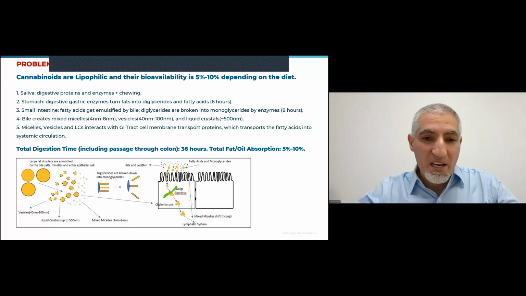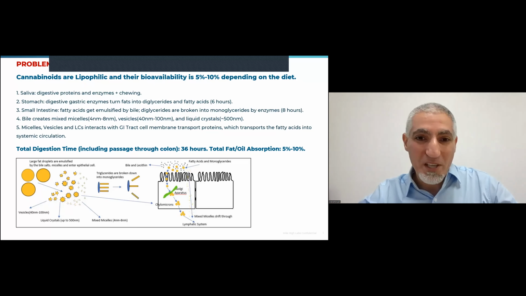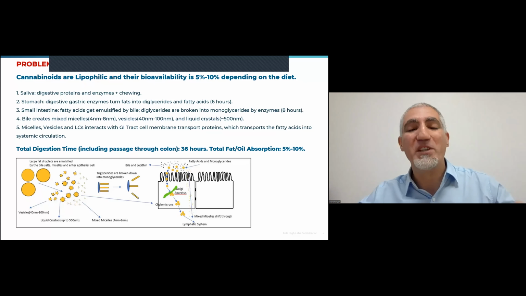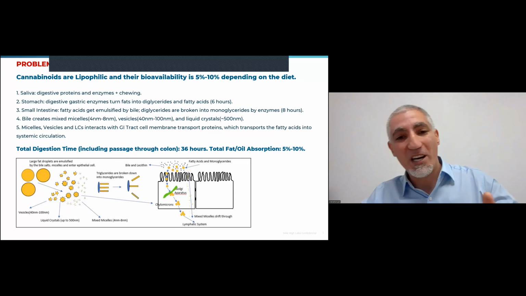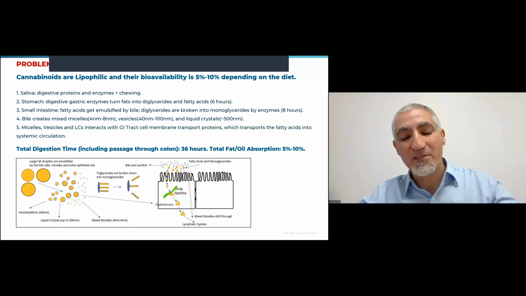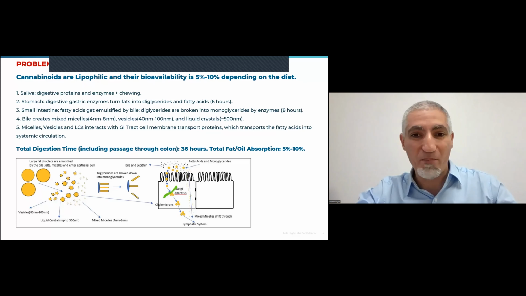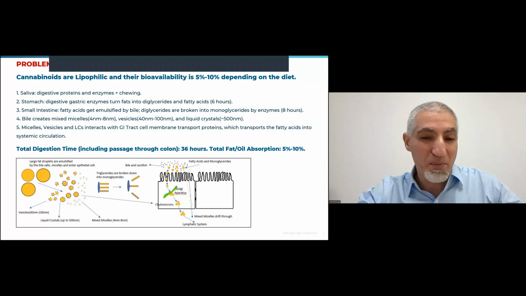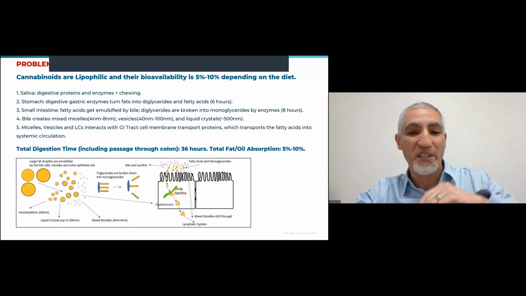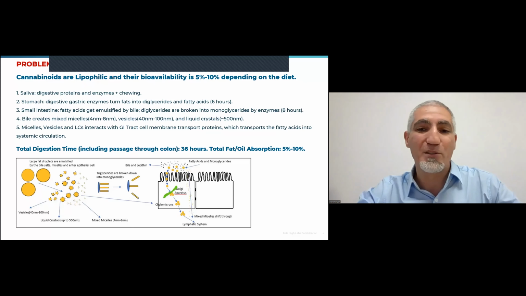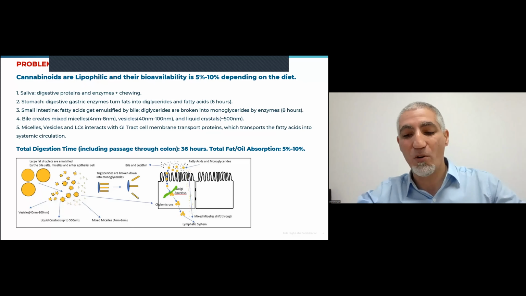If you drop a basketball through it, which would go a little slower, it touches the net and the rim and so on. So those would be vesicles. Liquid crystals would be a little larger balls. You need a little more work to actually break them down into smaller micelles before they can go in. And even then, they might not all go in. Some of them will be, at a certain period of time, excreted, pushed forward into the colon and then excreted, because there's not much absorption in the colon.